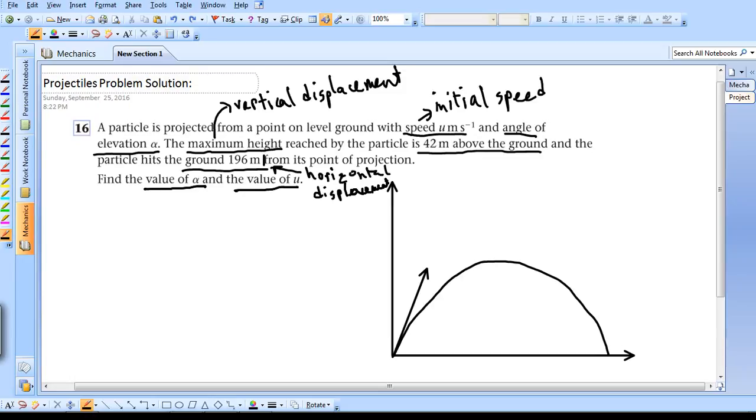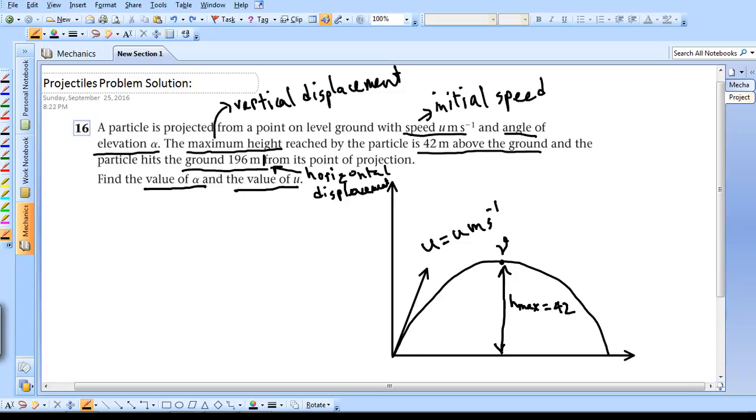Okay, so let us interpret this information that we have obtained from the question onto the diagram. So this is u, which is u per second as usual. This would be the maximum height, which is 42 meter.